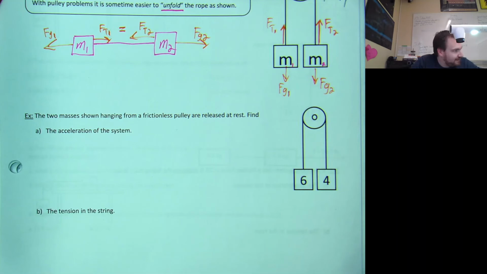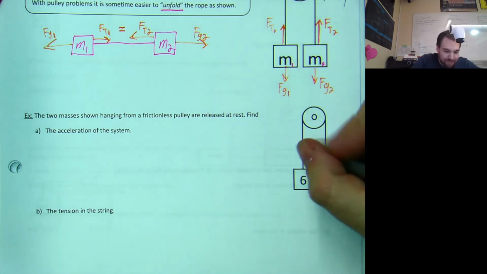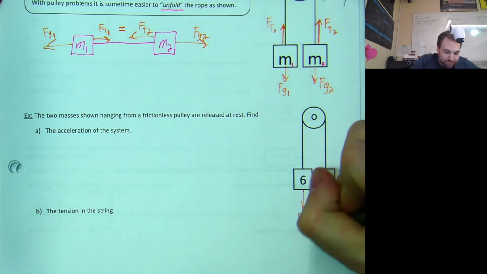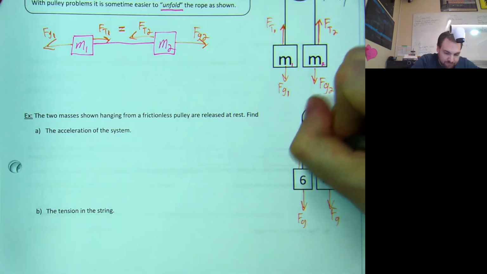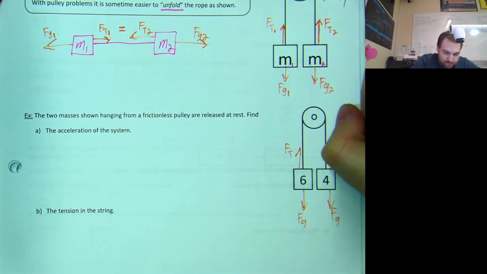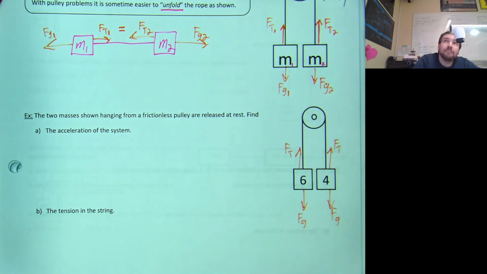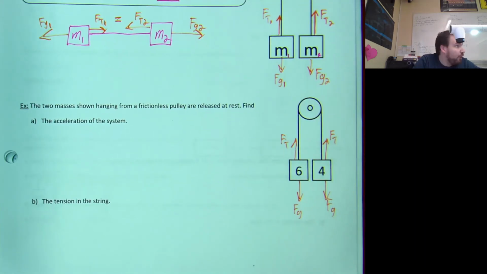Luis, what forces are acting on my blocks? Gravity, tension in the two ropes. It's the same rope, so I just have to write FT once. Perfect.